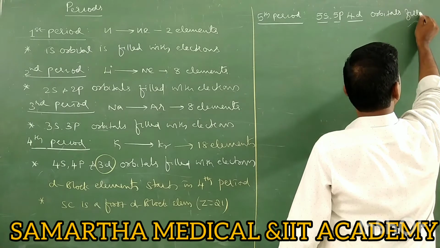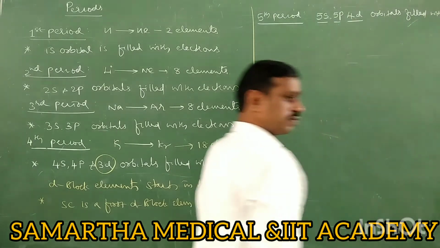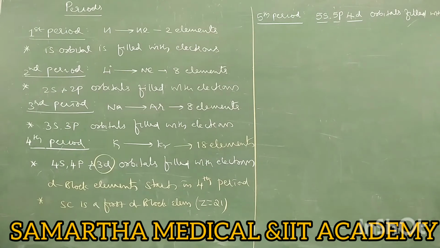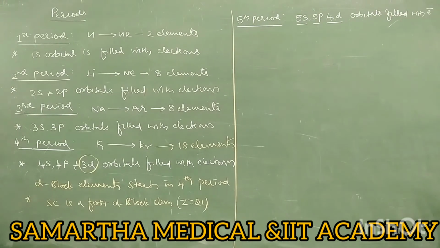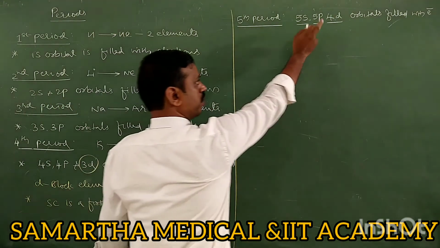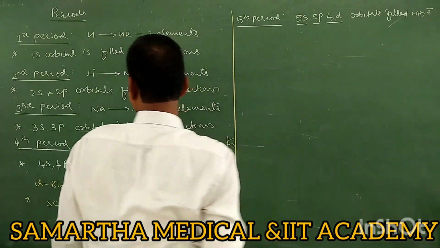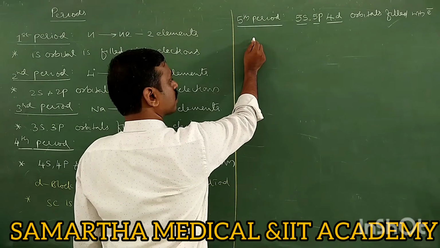These orbitals are filled with electrons. Now, the 5s, 5p and 4d orbitals are filled with electrons. What is the starting element?